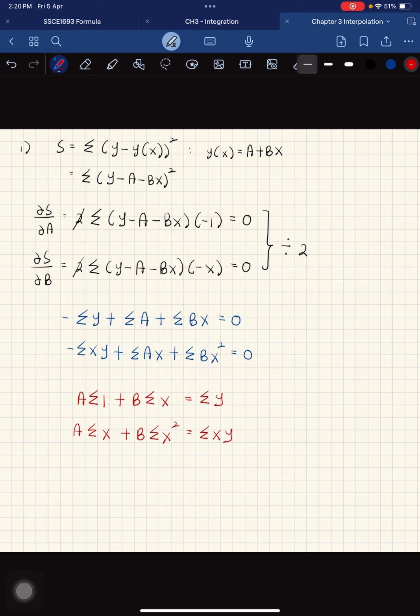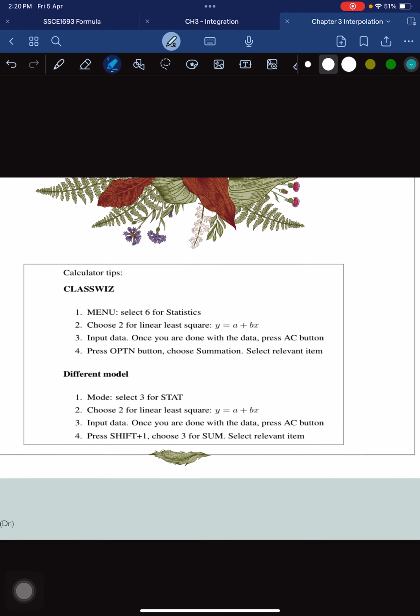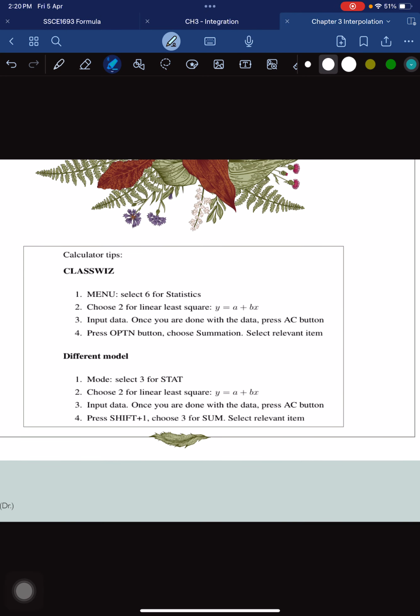Okay, we want to find the value of a and b, and for all these summations, we can find the values by using the calculator. Okay, so back to the tips of calculator. We follow all the steps. First you press menu, and then 6, because we are doing the linear least square method, so you choose number 2.